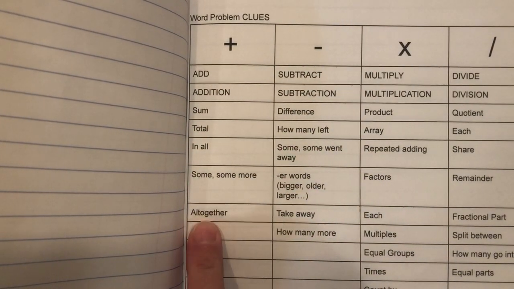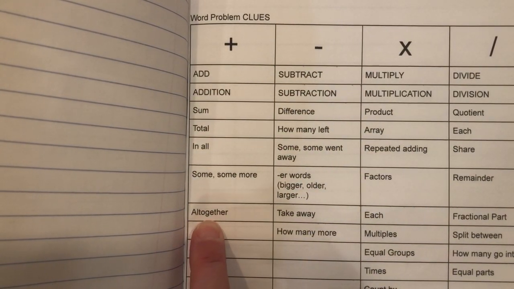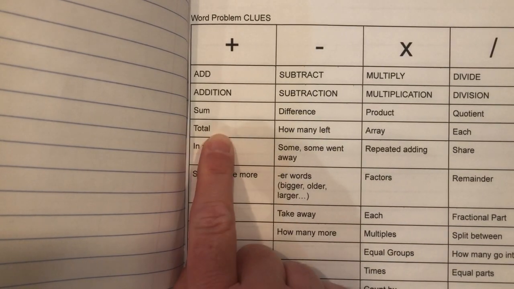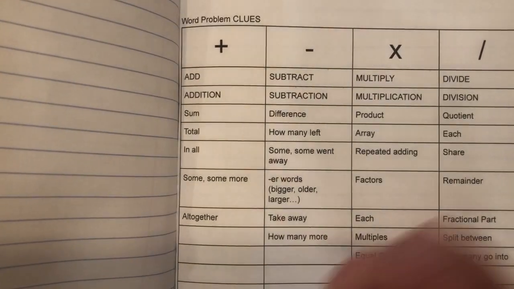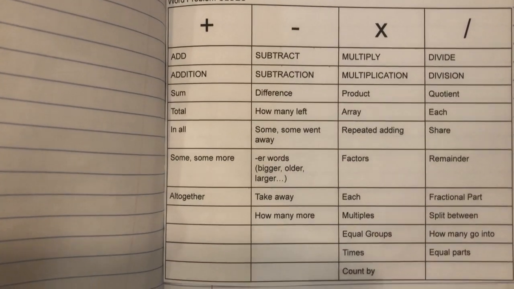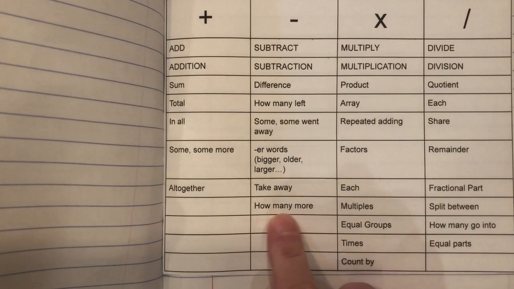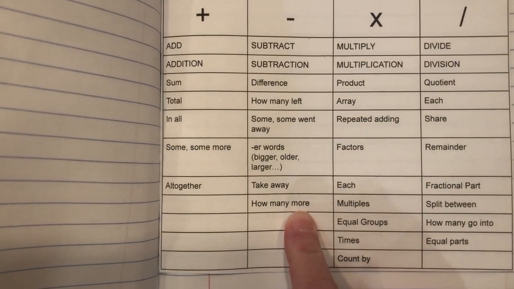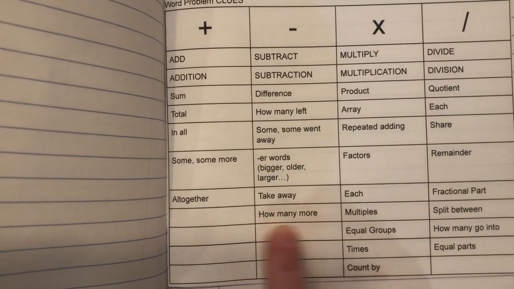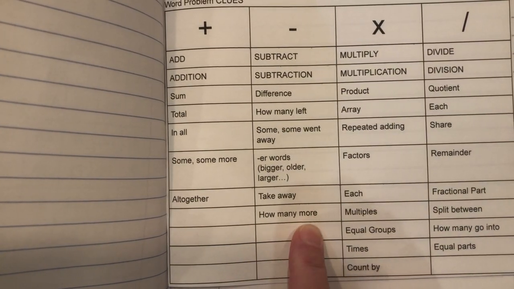We could say how many socks do they have all together. We could say how many do they have in all or in total. We could say how many more yellow socks does Kara have, or how many more socks does Kara have than the other girl.